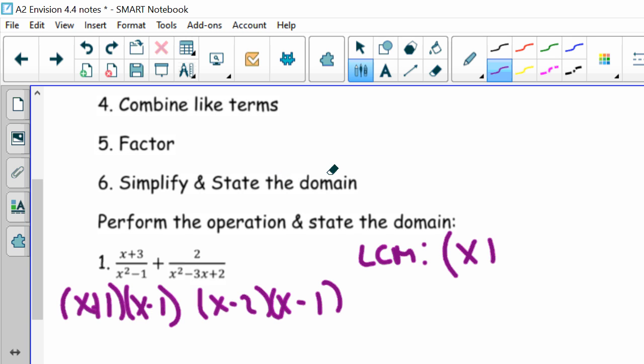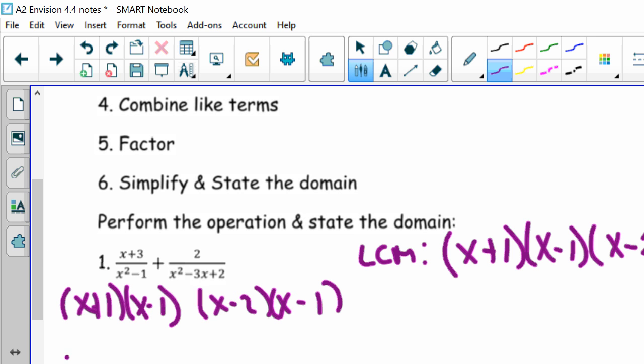Everything the first one had, x plus 1, x minus 1. I go to the second one, write down what I don't have yet, x minus 2. Okay. So now I want to put each of these over that. So x plus 1, x minus 1, x minus 2, plus x plus 1, x minus 1, x minus 2.